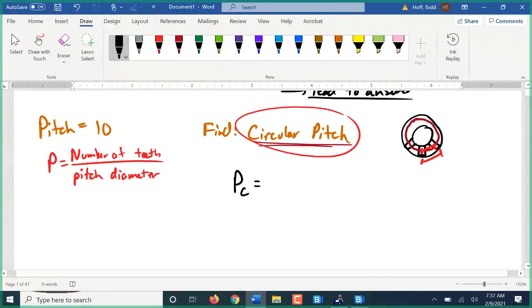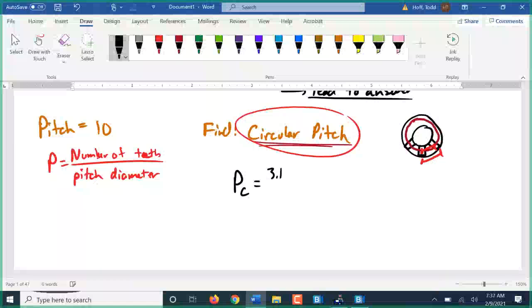I could have 3.1416. That's just pi. Remember, pi is 3.1415926, and so on. Times the diameter divided by the number of teeth. Well, here we do not have the diameter or the number of teeth, so that formula does not work.